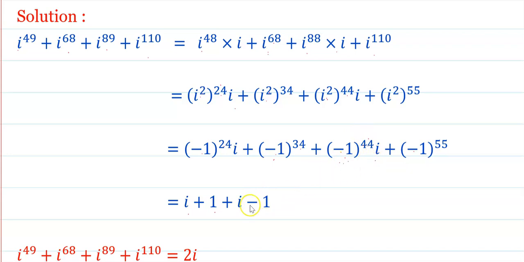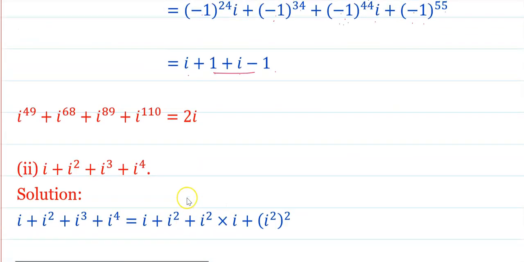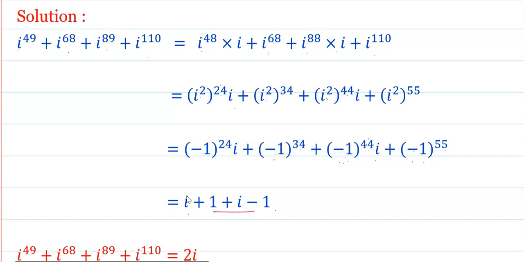Plus 1 into this, minus 1 raised to 55, it is an odd number and overall it is a minus 1. Again what is here? This plus 1. Okay, here plus 1 and minus 1 get cancelled and i plus i is equal to 2i, and hence the answer. Okay, this is the value.